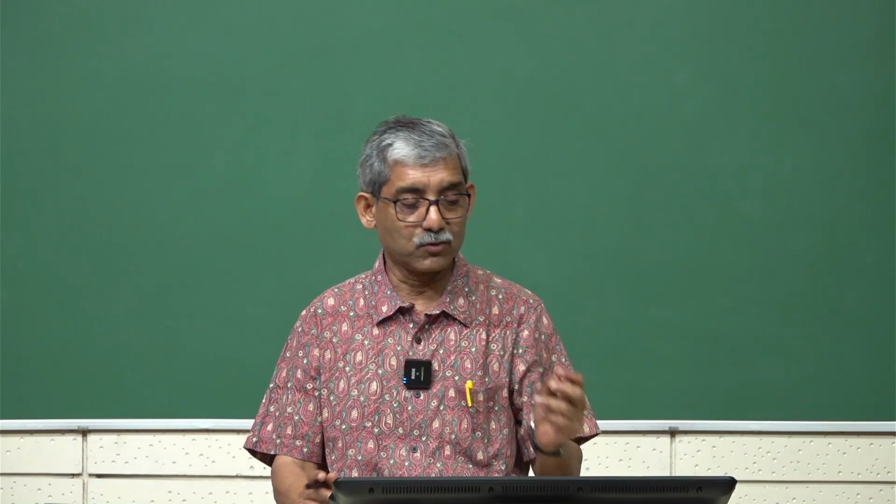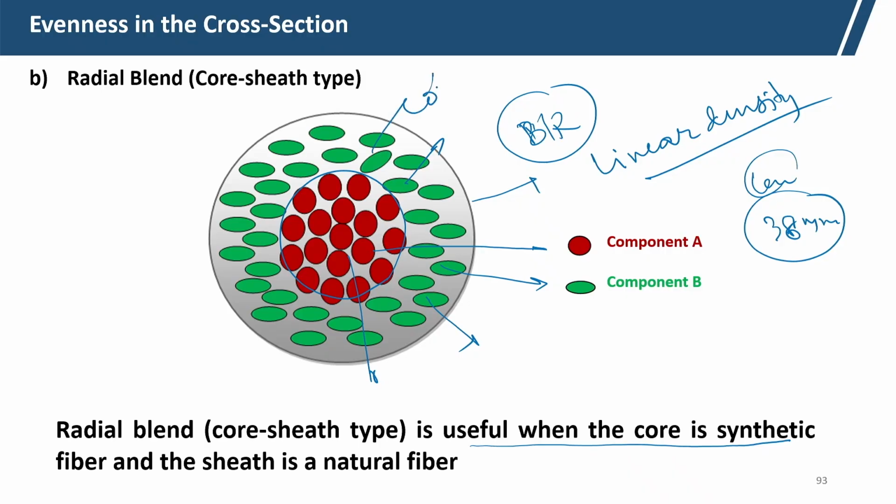So, we want the cotton in the sheath and the polyester in the core. In that type of requirement, we try to achieve the radial blend deliberately.